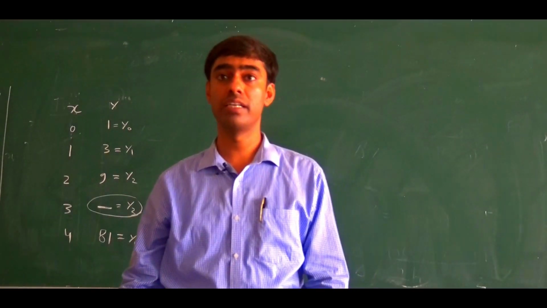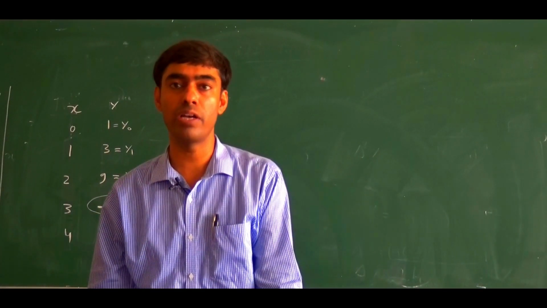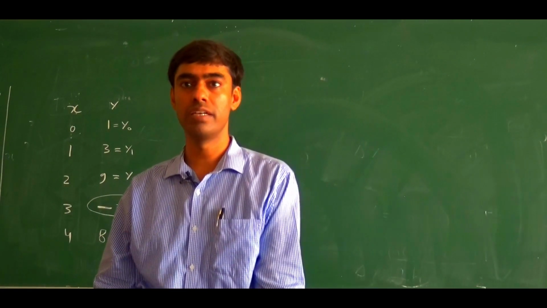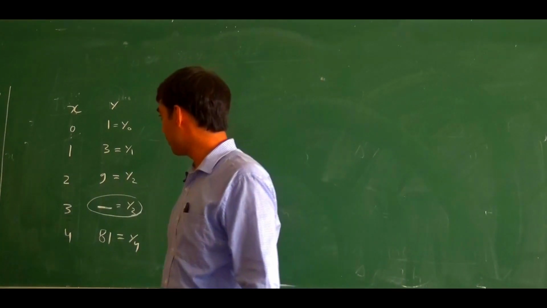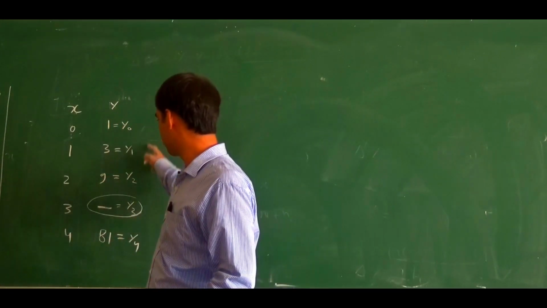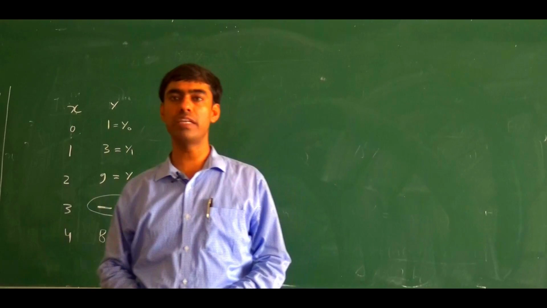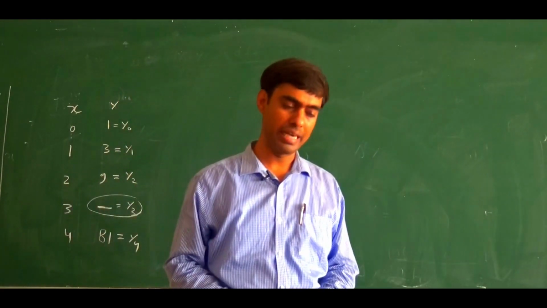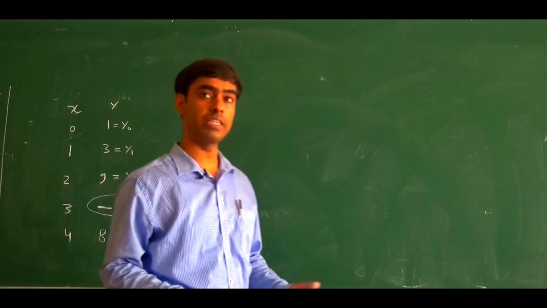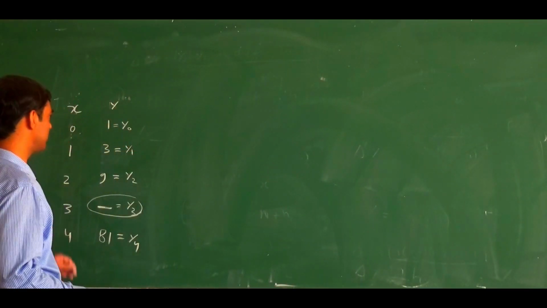And we know that if we have n plus 1 values, then the nth difference becomes constant and the n plus 1 difference becomes 0. So if we have 4 known values, then we are able to fit a polynomial of degree 3 only. So the fourth difference becomes 0.